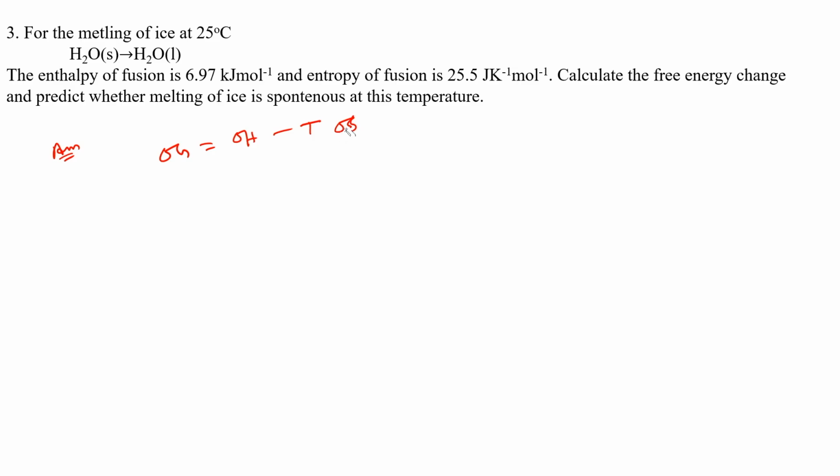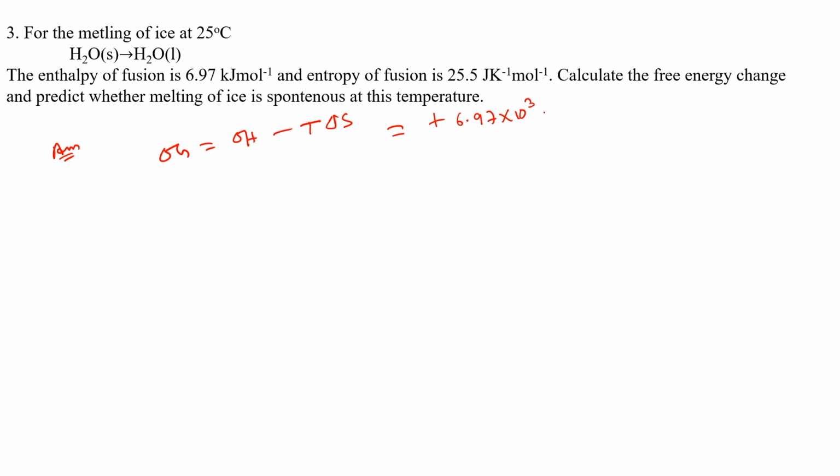So, what is the value of delta H here? Delta H is the enthalpy of fusion, so heat is given as solid goes to liquid, so it is positive: plus 6.97 times 10 to the 3 joule.